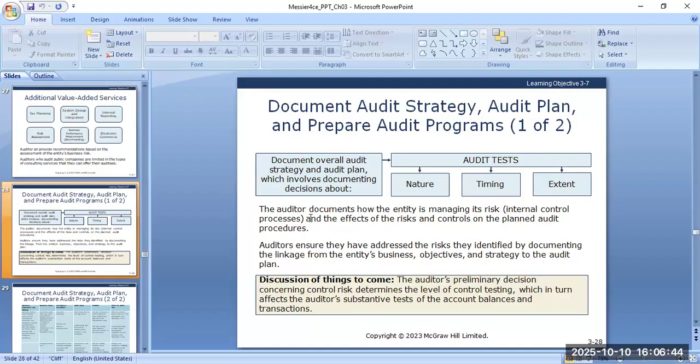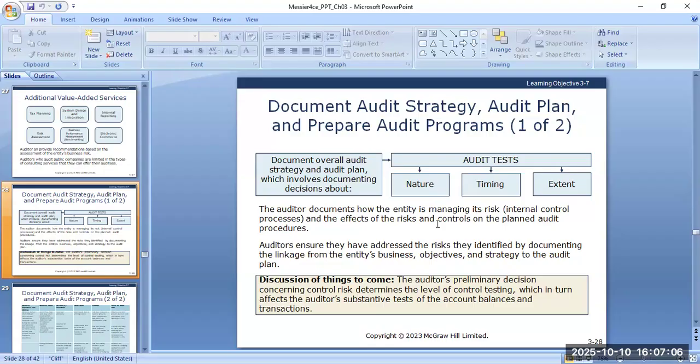So the auditor should document how the entity is managing its risk. Once we assess the risk, then we're going to identify how the entity is managing the risk and the effect of the risk and control on the planned audit procedures.